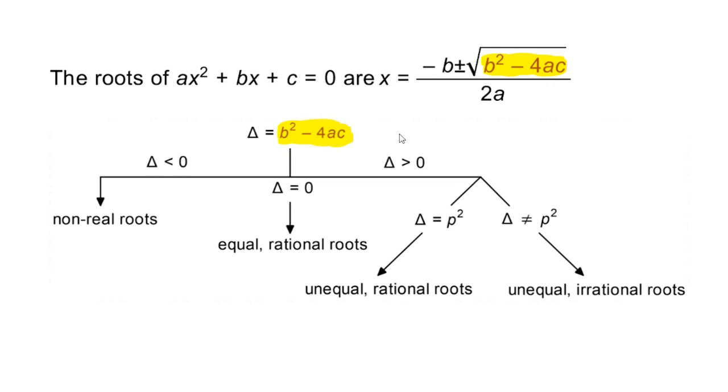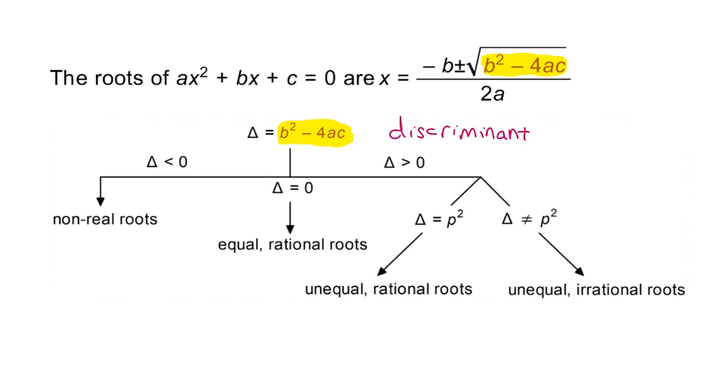I'll just quickly write it down. Discriminant. What it means to discriminate, as we know, is to draw differences between. I wanted to write discriminant, not discriminate, but they come from the same root word. What the discriminant does is it allows us to discriminate between the different types of roots that we would get.